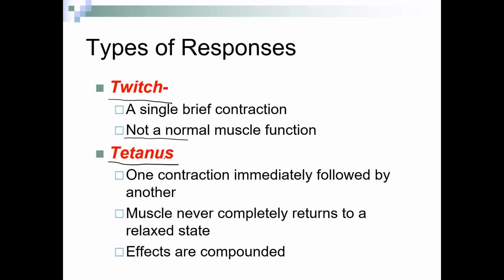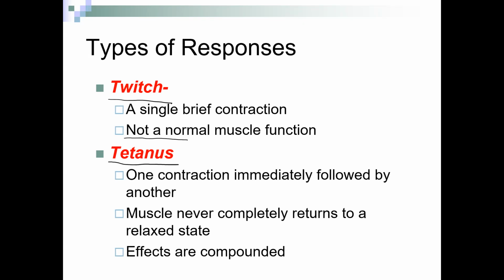But in tetanus, waves of muscle contraction hit a muscle so fast that the muscle contracts, and before it can relax again, another signal is sent to the muscle to contract again. So the muscle never gets a chance to relax. It's just constantly being sent signals that say, contract, contract, contract.